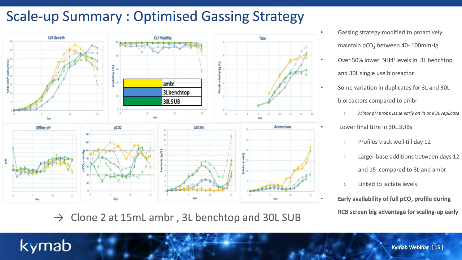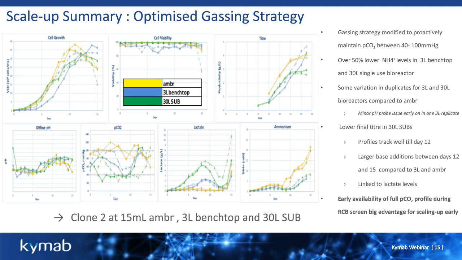During the scale-up, there was some variation between the replicate conditions for the 3 and 30-liter bioreactors. For example, we had some minor pH probe issues for one of the 3-liter replicates, and this caused a bit of cell growth lag towards the early part of the process. Also, the final titers for the 30-liter SUBs were lower compared to the ambr and 3-liter bioreactors.